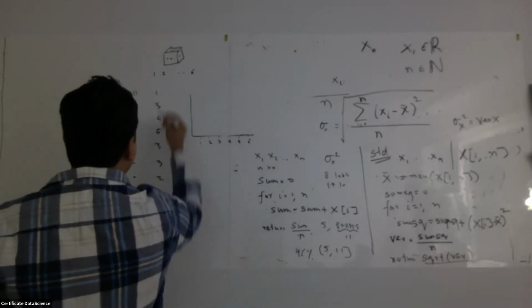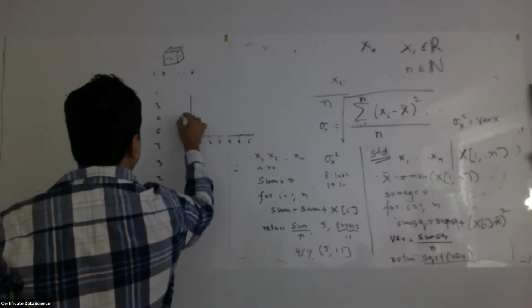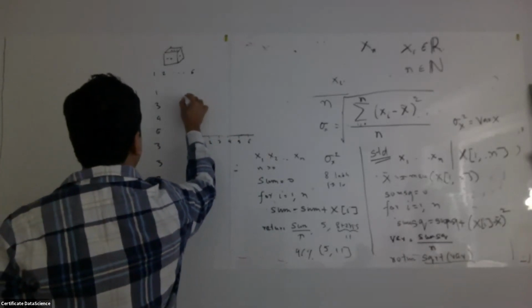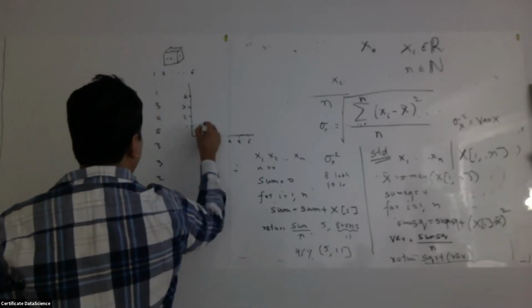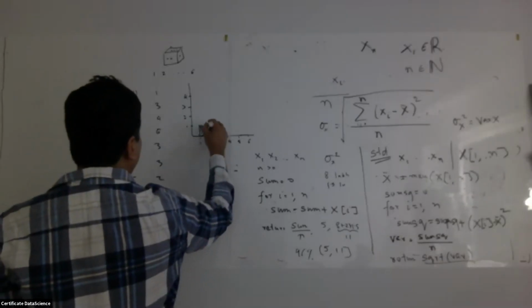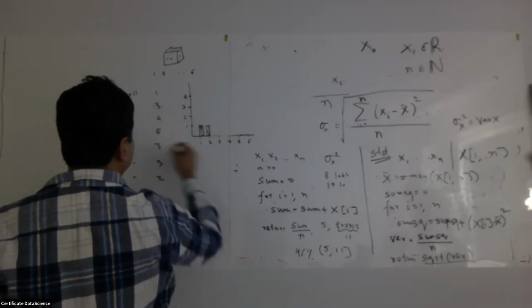Now, let's see. 1, 2, 3, 4, and so on. How many ones did I get? One, I guess. And then you got another 1. And you got two 3s.